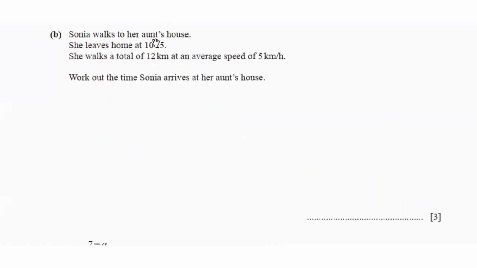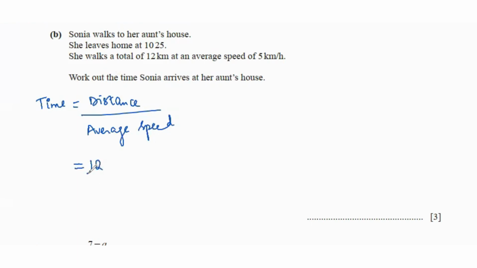Part B says Sonia walks to her aunt's house. She leaves home at 10:25. She walks a total of 10 kilometers at an average speed of 5 kilometers per hour. Work out the time Sonia arrives at her aunt's house. So first we find the time taken for her to walk. That's found by dividing the distance by the average speed.